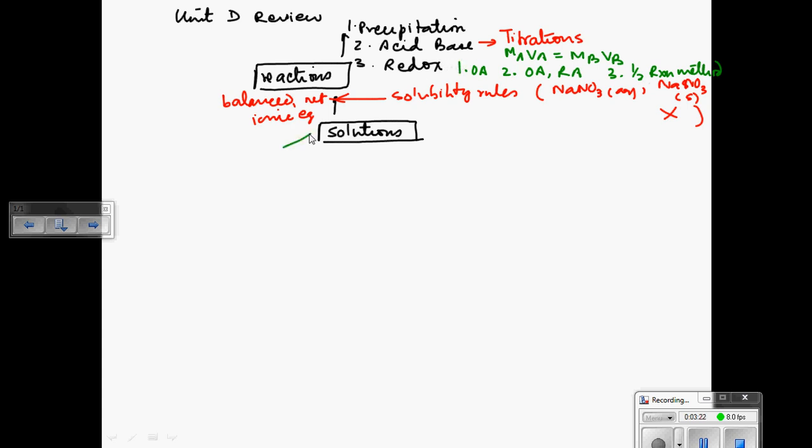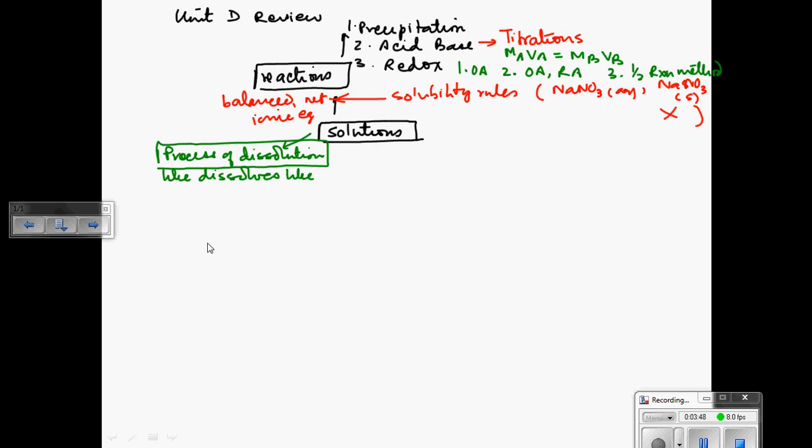Now, talking about solutions, there is a process of dissolution, or process of solution. The basic concept there is like dissolves like. What that means is if you have a polar solvent, it will dissolve a polar solute.